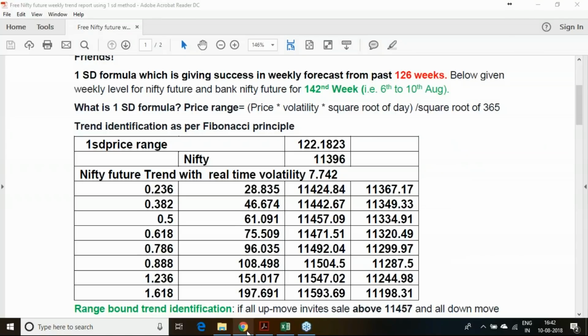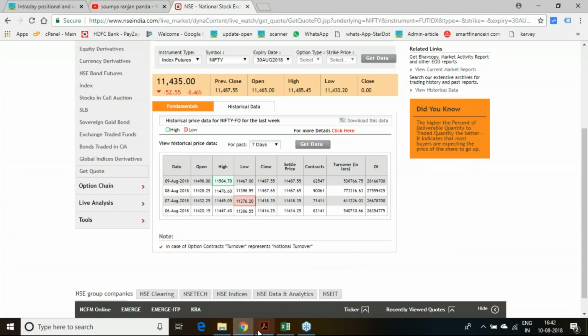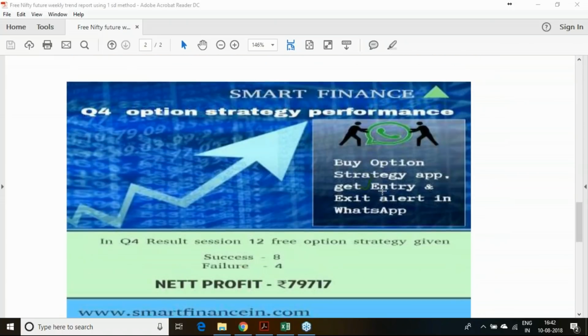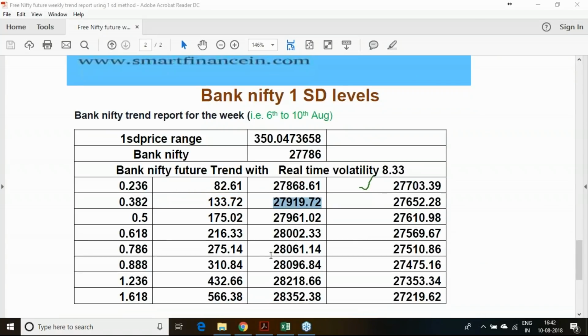And the weekly low of 11,376 says that we have never come to the selling side. The selling side was starting at 11,367. It has never come. So coming to the Bank Nifty part, Bank Nifty also we have given last week. You can see that the last target was 28,352.